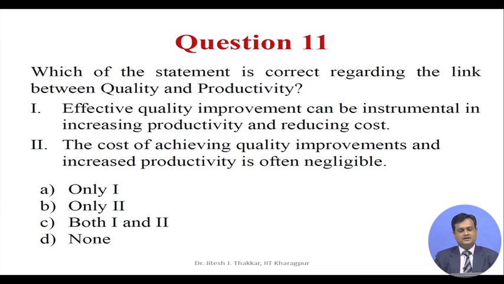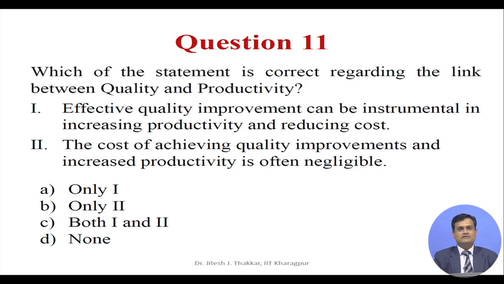Question 11, which of the statements is correct regarding the link between quality and productivity? Number 1, effective quality improvement can be instrumental in increasing productivity and reducing cost. Number 2, the cost of achieving quality improvements and increased productivity is often negligible.